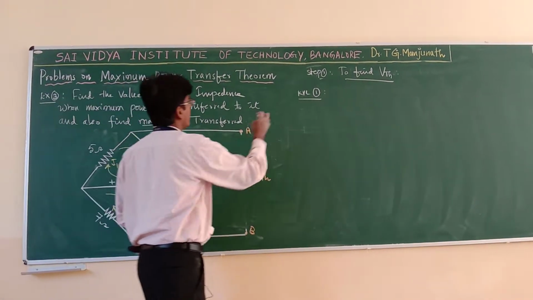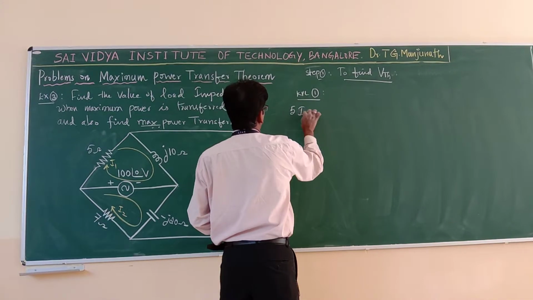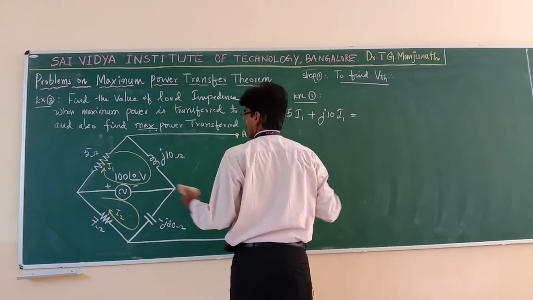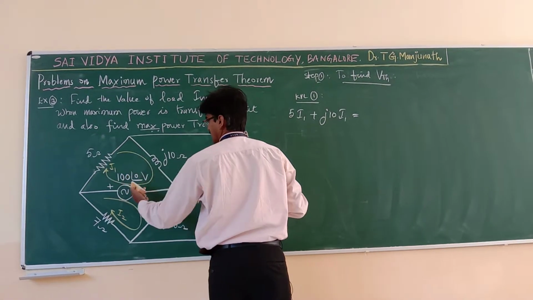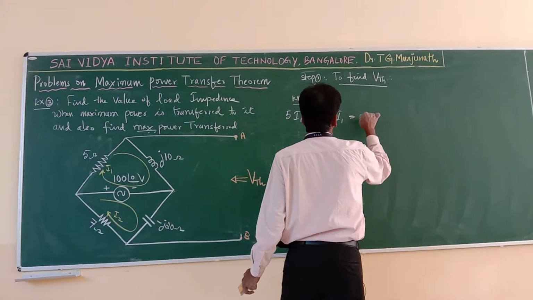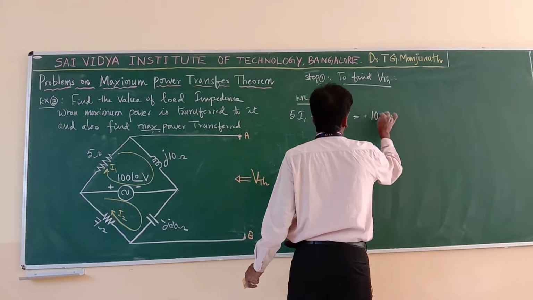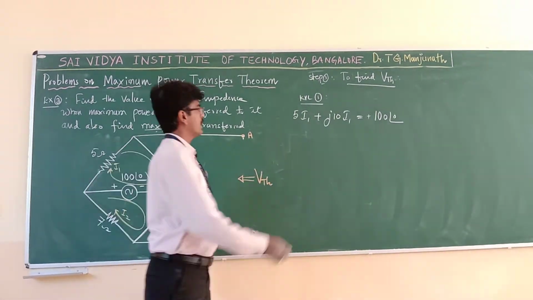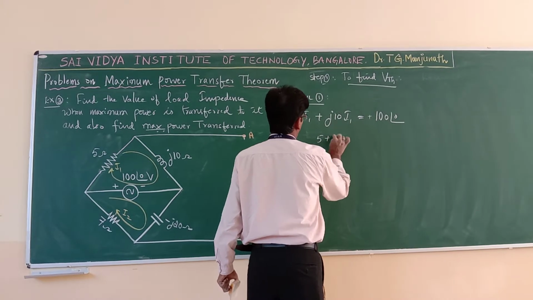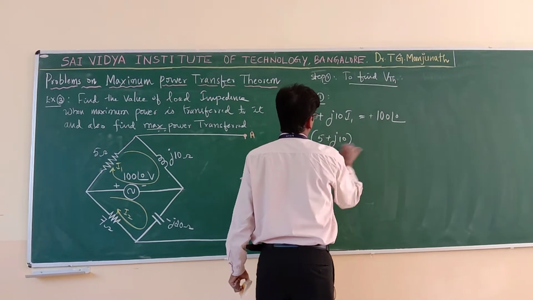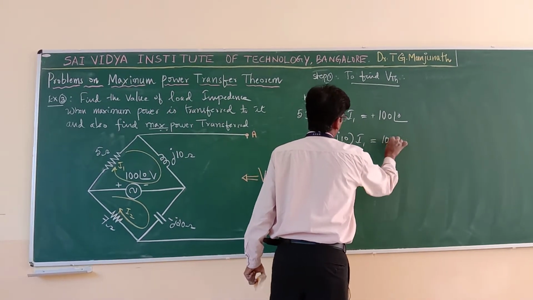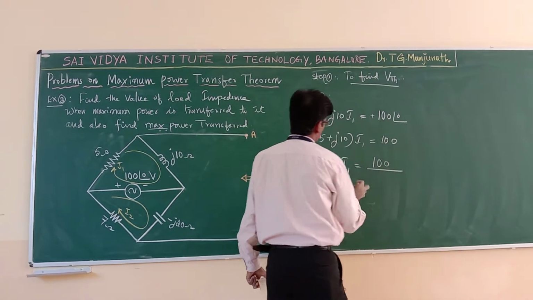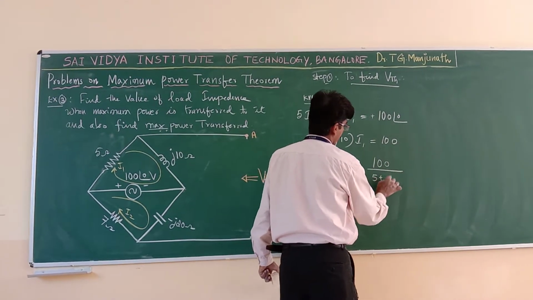So 5 I1 plus J10 I1 is equal to what? Moving clockwise, negative to positive is positive, for the voltage 100 at an angle 0, which is nothing but just 100. That gives (5 plus J10) into I1 is equal to 100. So I1 is 100 divided by (5 plus J10).